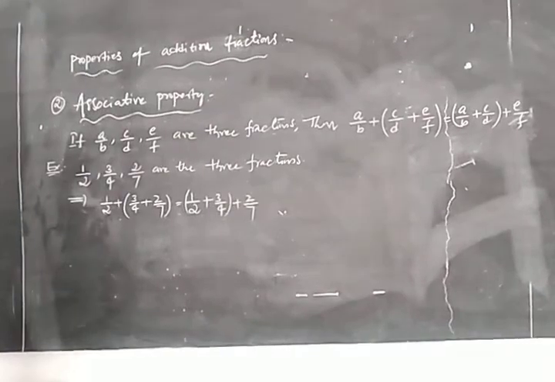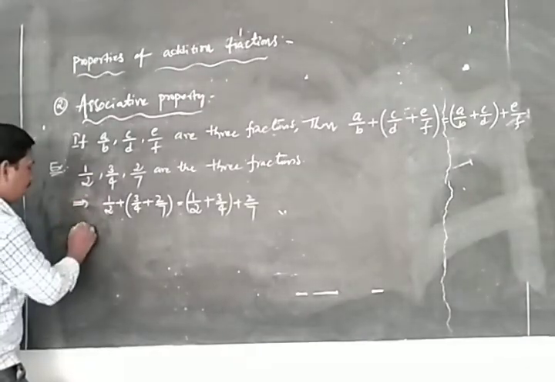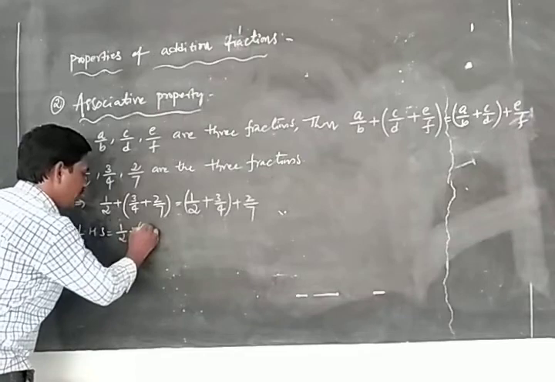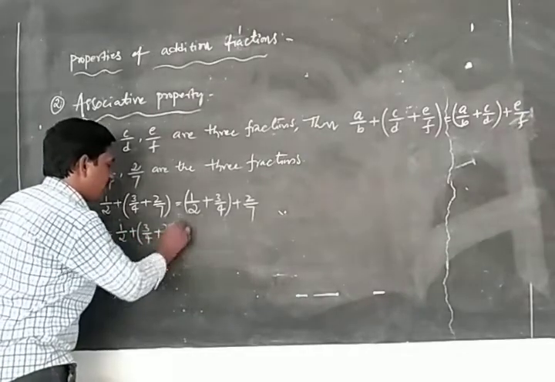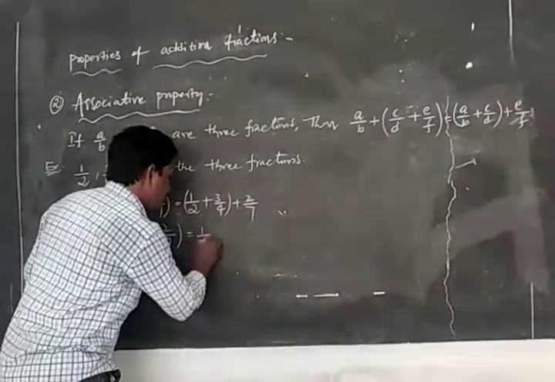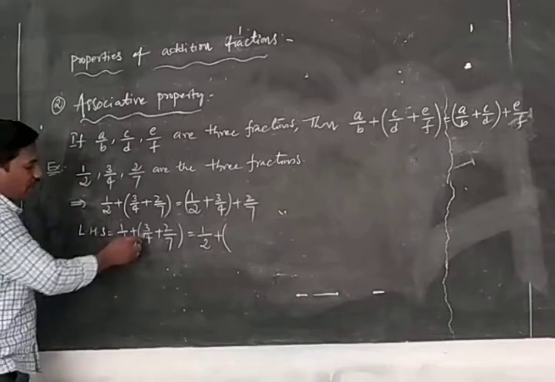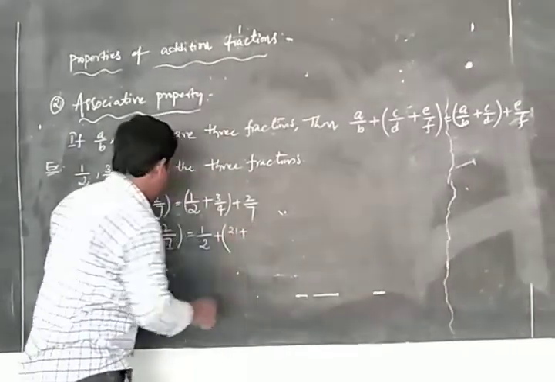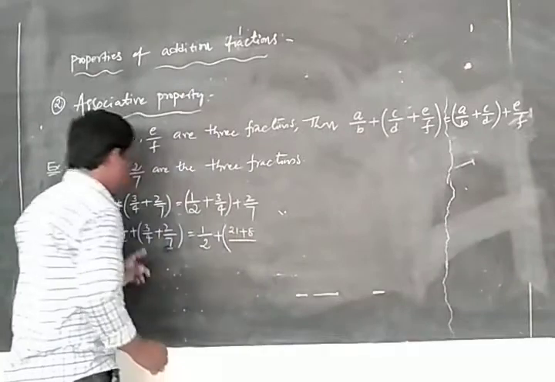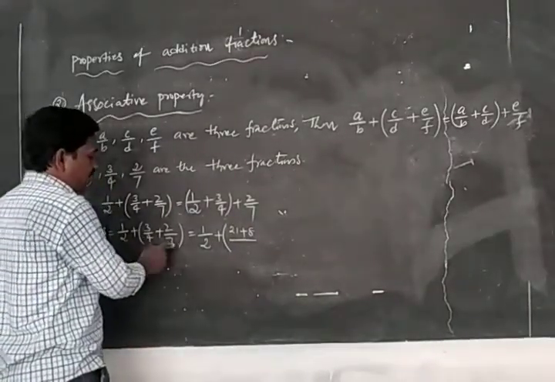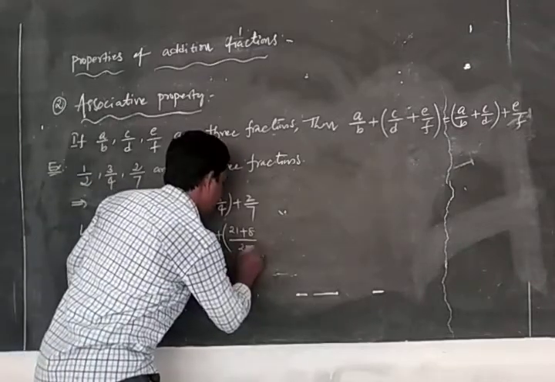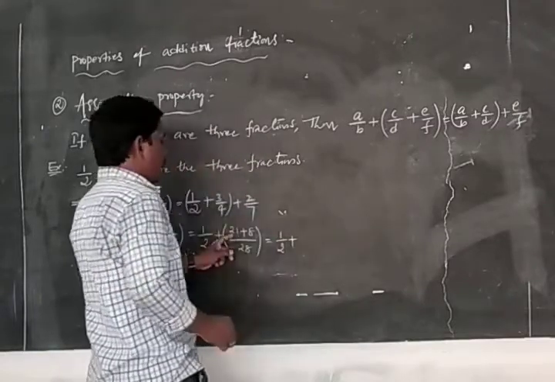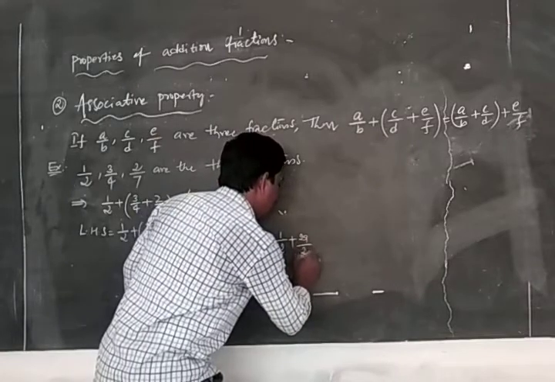So now LHS is equal to (1/2 + 3/4) + 2/7. Now 1/2 plus 3/4, just cross multiplication: 3 ones are 3, 4 twos are 8... Again 1/2 plus 21 plus 8, 29/28.